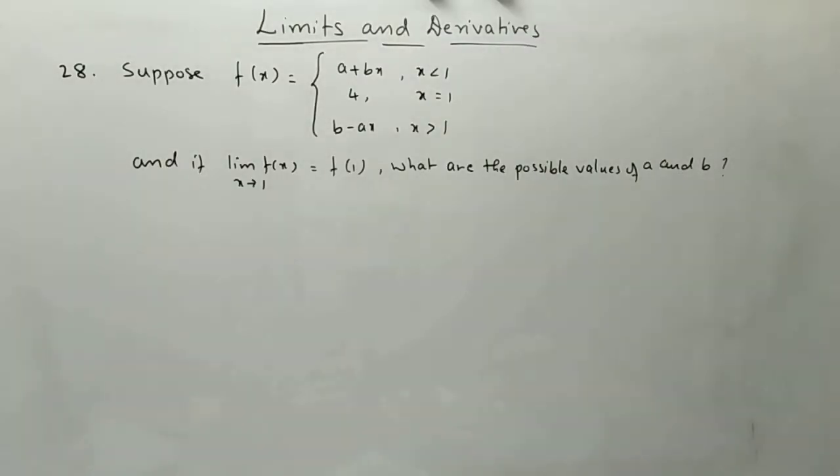Question number 28. Suppose f of x is equal to a plus bx when x is less than 1, 4 when x is equal to 1, b minus ax when x is greater than 1. And if limit of f of x when x tends to 1 is equal to f of 1, what are the possible values of a and b?